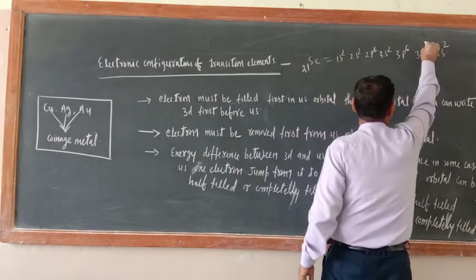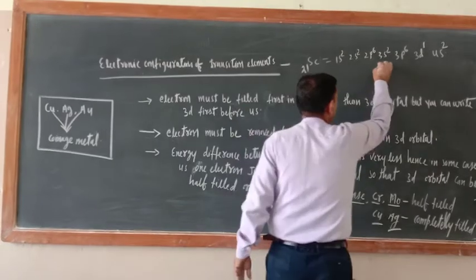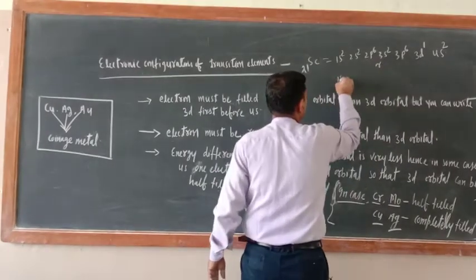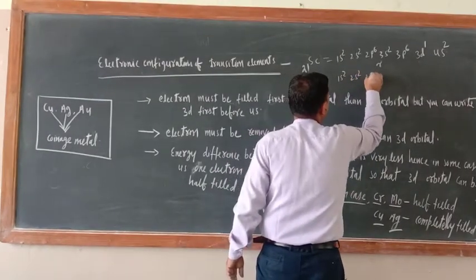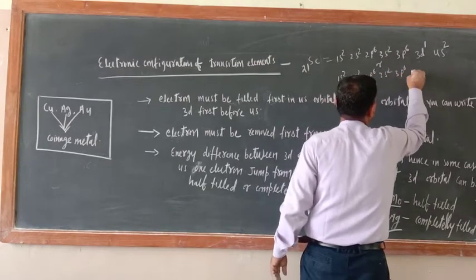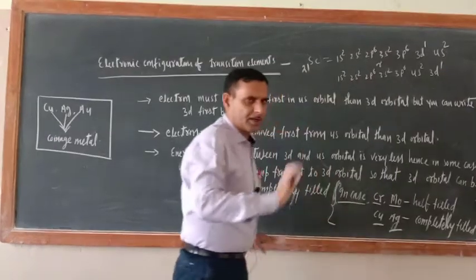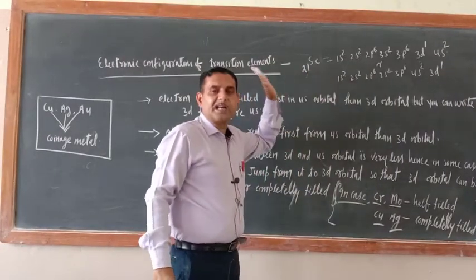Then what electron is left? 1. The same electronic configuration can be written as 1s2, 2s2, 2p6, 3s2, 3p6, 4s2, then 3d1. Both are correct, but the first one maintains the continuity.